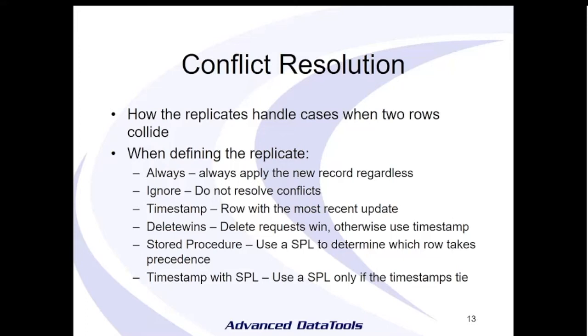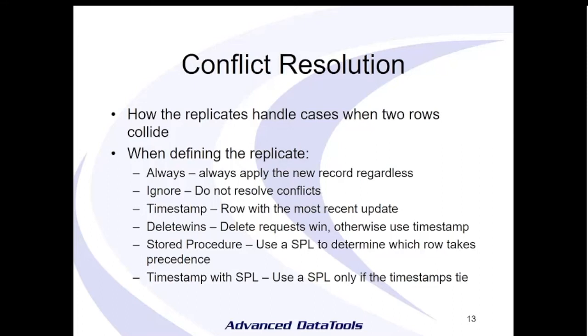With always, by the way, I do want to add, if you're doing a primary target, you generally want always or ignore. Those are the only two options for it, because it is always going to be coming down from a central source.